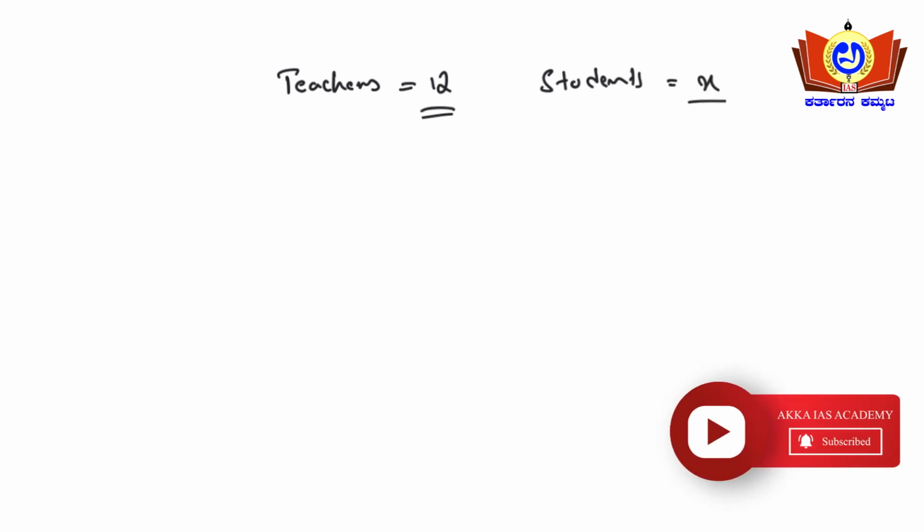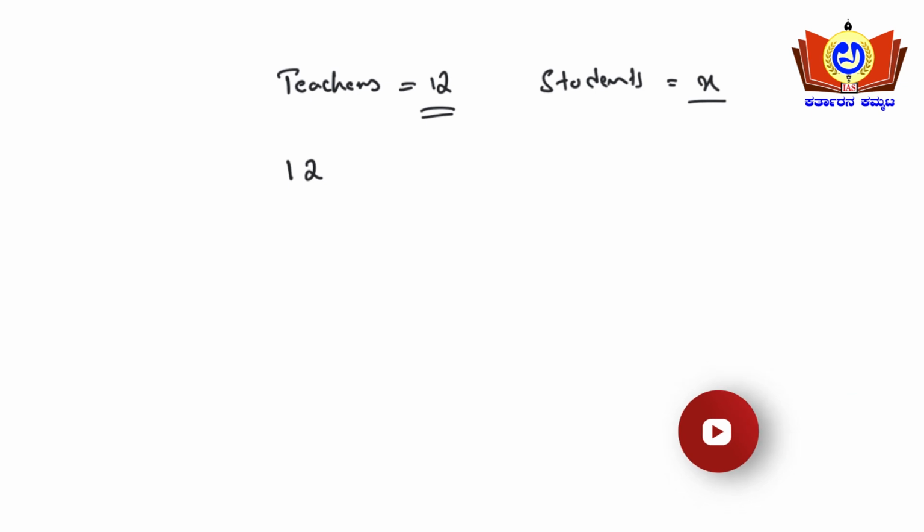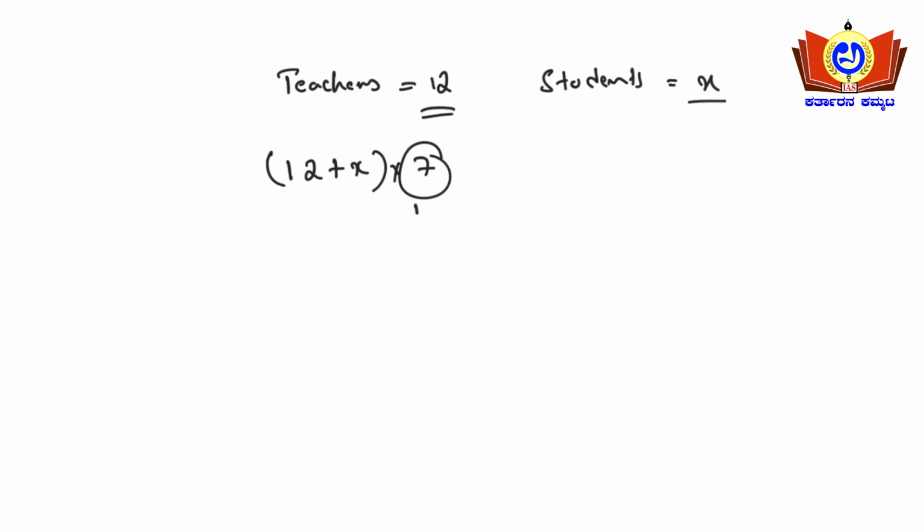Okay, so according to the question, 12 plus X into 7. What is this 7? This 7 is nothing but the average of the combined group of all the teachers and students. So there are 12 teachers and we don't know the number of students, so 12 plus X into the average, which is 7 years.